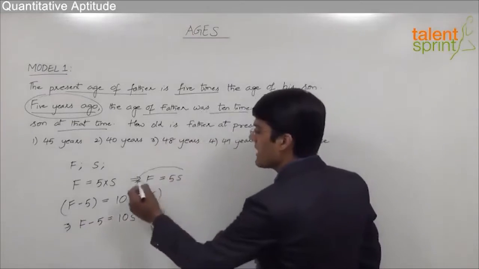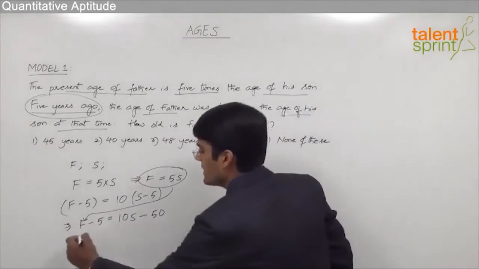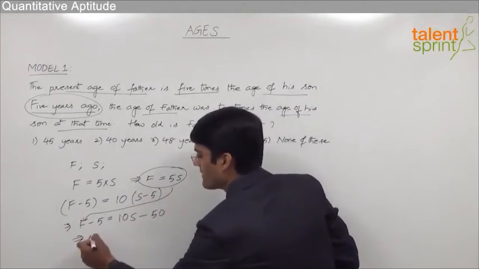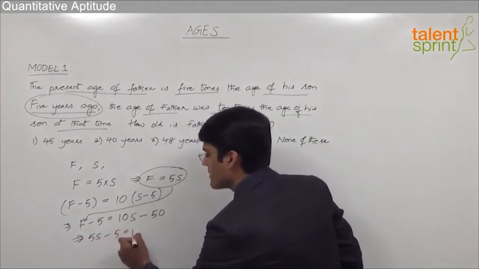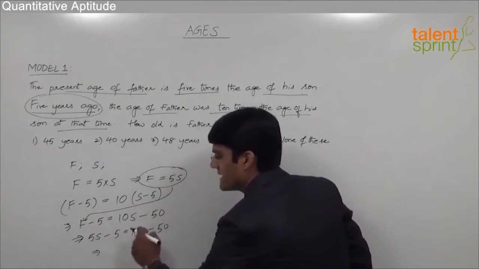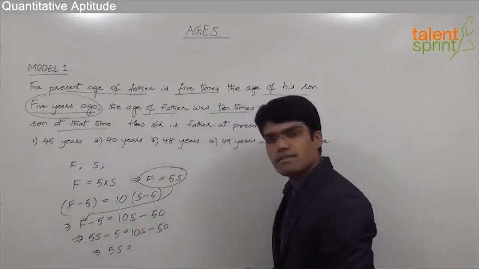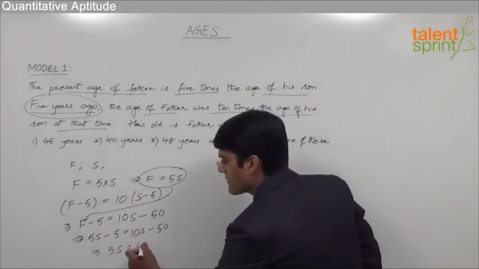Let us now substitute F equals 5S in place of F in the second equation. So we get 5S minus 5 is equal to 10S minus 50. So from this we can say 10S minus 5S, that is 5S is equal to, when minus 50 goes to the other side, we get plus 50 minus 5, that is 45.